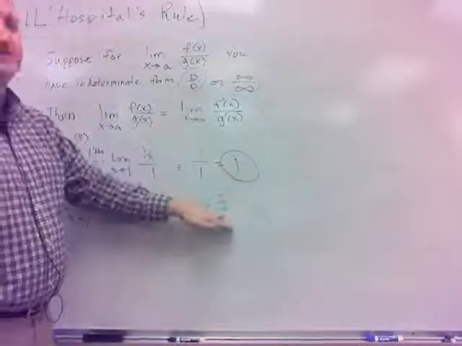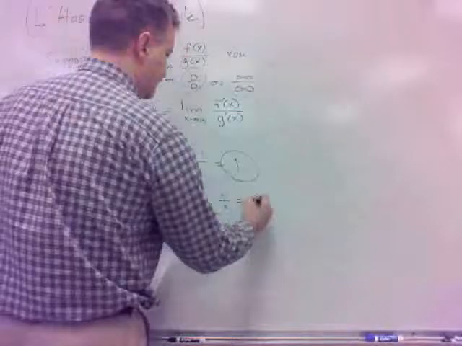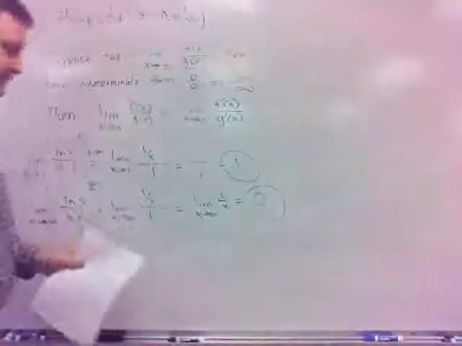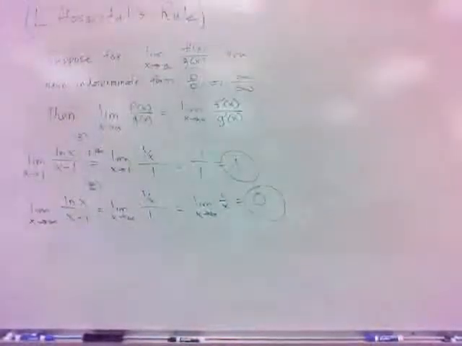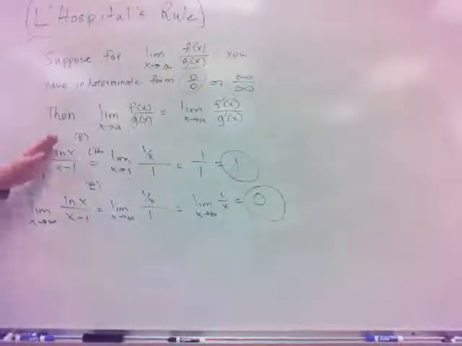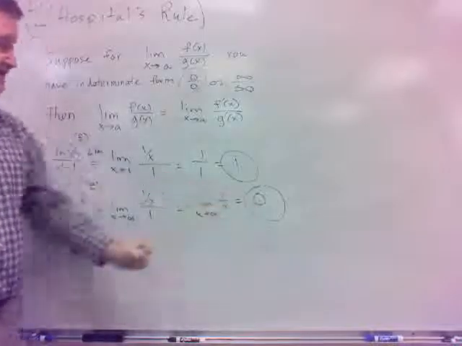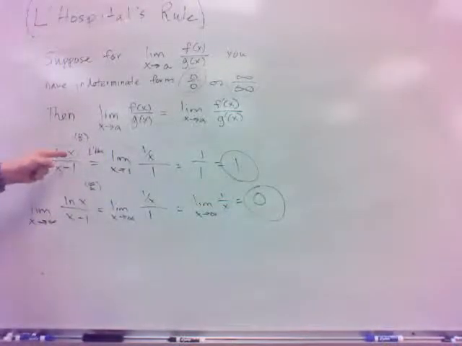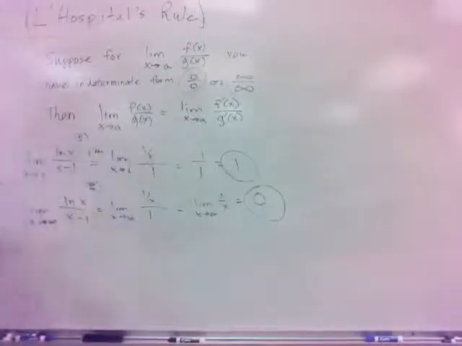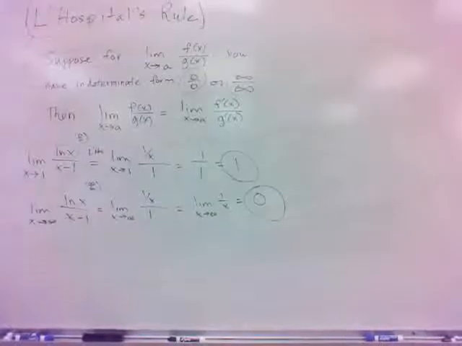Yeah, this is going to go to 0. 1 divided by infinity is 0. So what started off as something I couldn't do, because infinity divided by infinity is not 1, turns out in this case to be 0. 0 divided by 0 turned out to be 1, but yeah, we can do some things with L'Hopital now if we've got those.